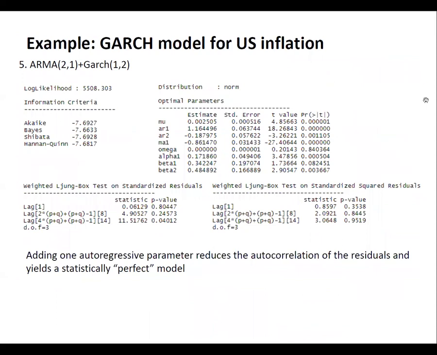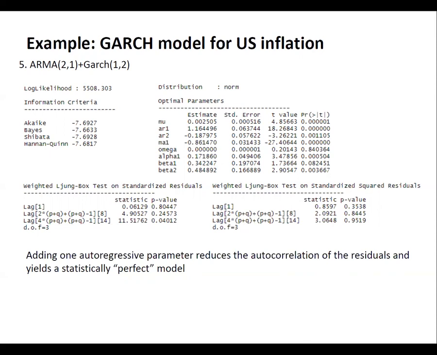Well, let's figure out what to do with the fact that our standardized residuals have autocorrelation, which is not very good. And here is the fifth version of the model: ARMA(2,1) plus GARCH(1,2). I suggest that you also try to include an additional coefficient in the ARMA model. There is no longer any objective criterion on the basis of which we do this.